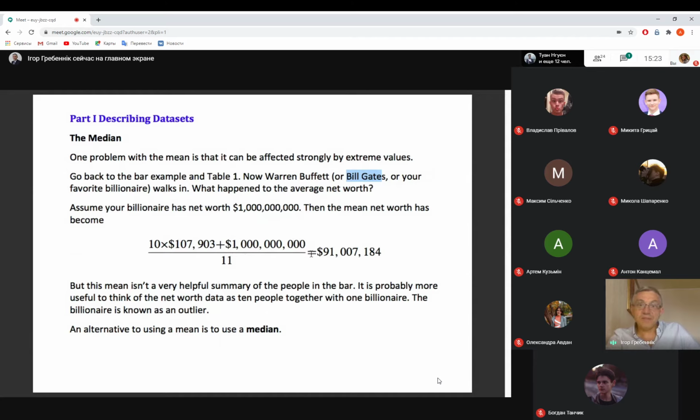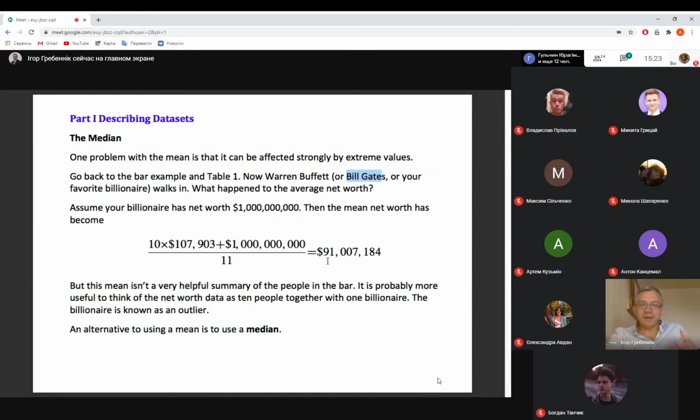The average characteristic changed significantly from 107 to about 100 million, 90 million.